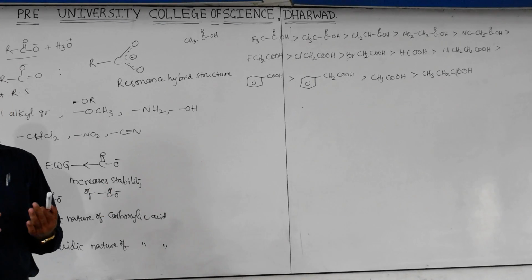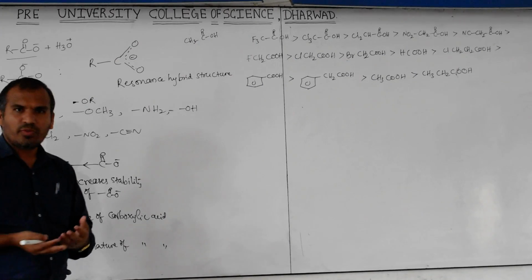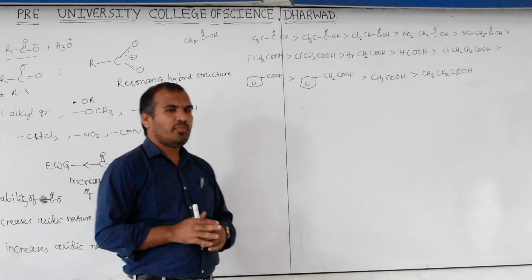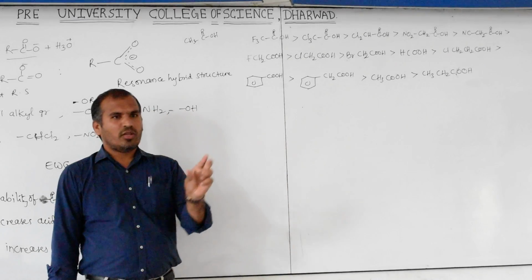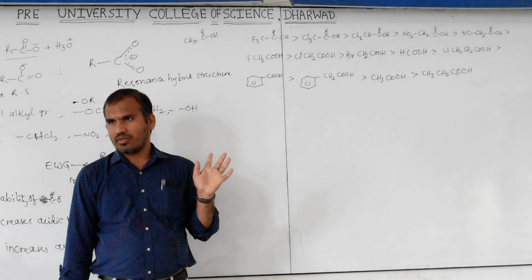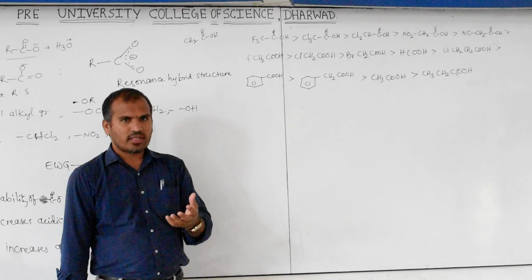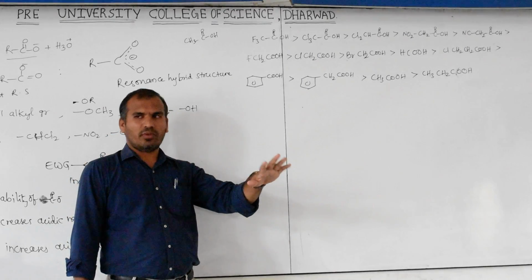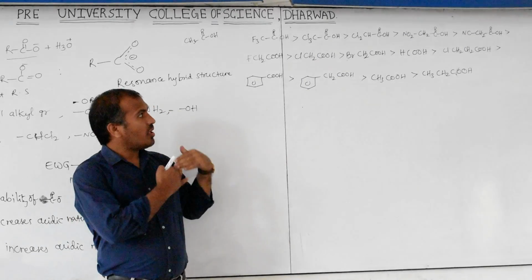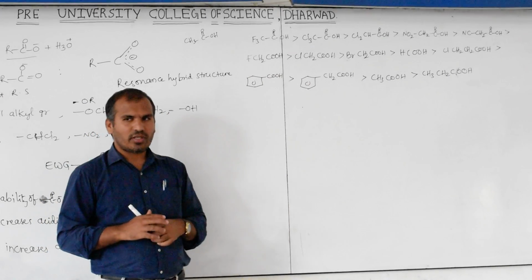For you, this order is not required to be remembered for PU purposes, because in PU they will give you the question with two acids, asking which is stronger and which is weaker. In the textbook questions or solved questions, that is what the PUC board will give you. Such a lengthy answer will not be asked in the PUC examination.